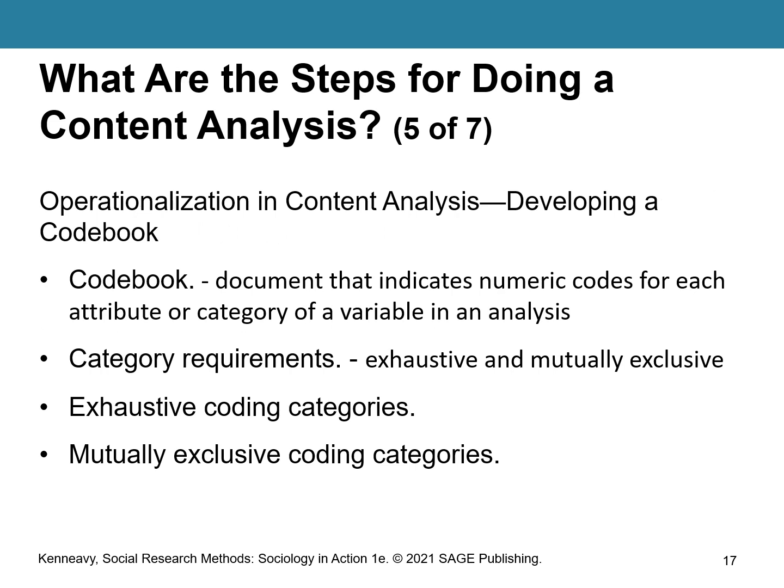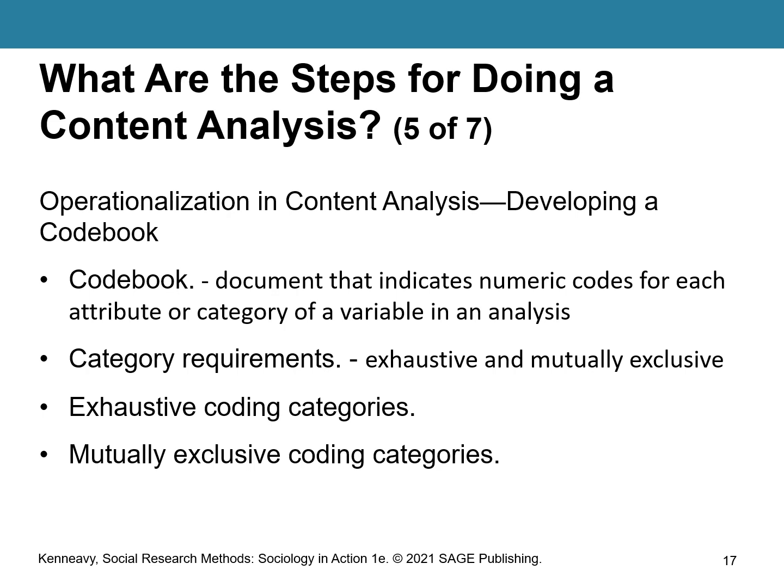When it comes to operationalization in content analysis, you want to first of all develop a code book, and this is good for any type of research, both quantitative and qualitative.